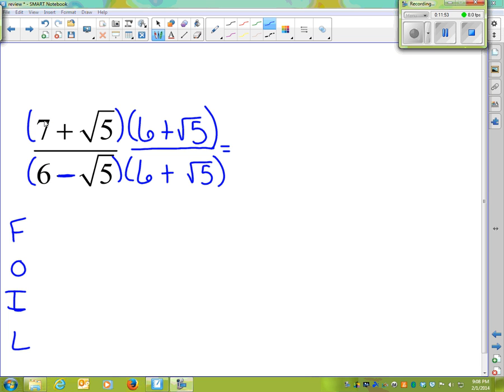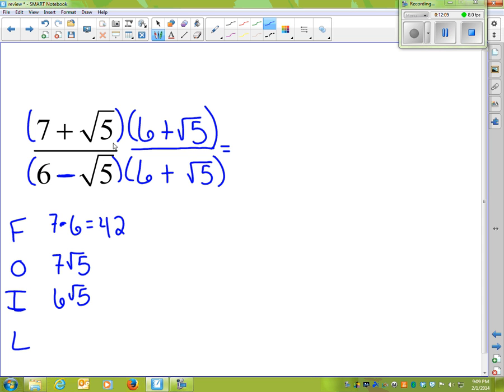First to first, 7 times 6, 42. 7 times radical 5. Radical 5 times 6. And radical 5 times radical 5. And this is what I talked about in the last example. It's a square root with the exact same number. I can get rid of the radical, and it's 5.